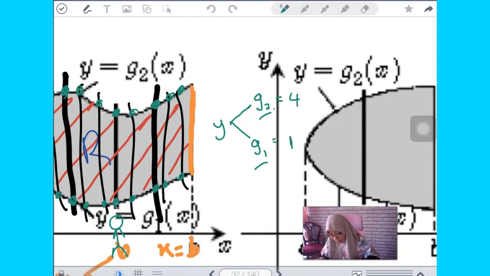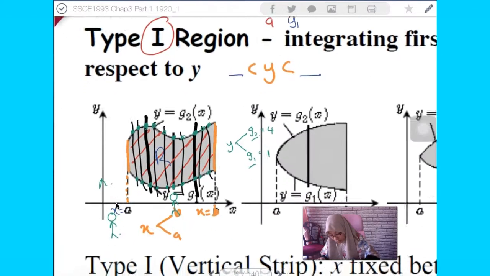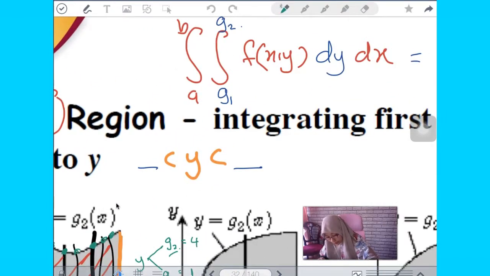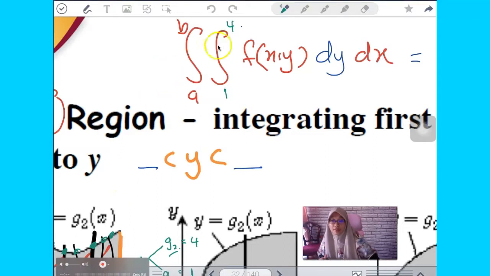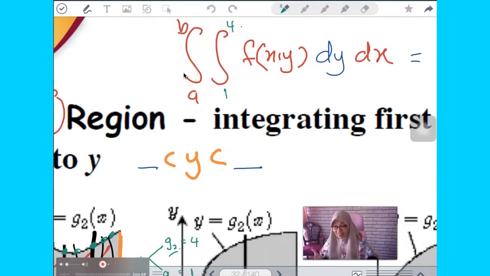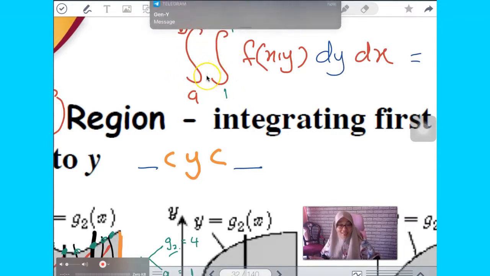So now when you combine them all together for the double integral, we just replace this one to be 1 and 4, right? a and b are also numbers, so you can see that they are all constant. So if you sketch this, you will get the rectangle.